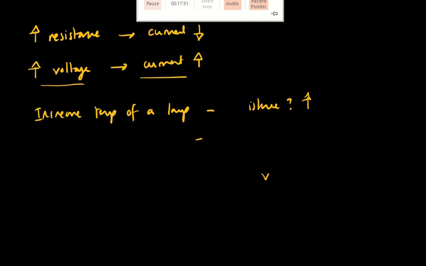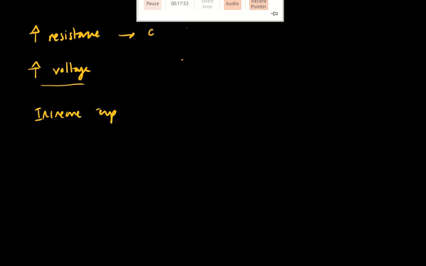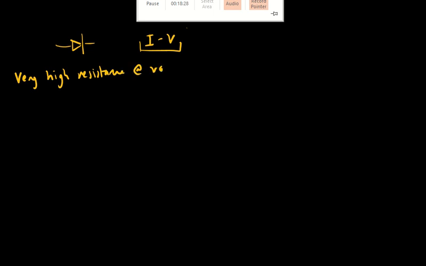Okay, finally, we have IV characteristics of what we call a semiconductor diode. Now, a semiconductor diode has this symbol here, and there's a couple of things about a semiconductor diode which alters the IV characteristics, and that is that a semiconductor diode has very high resistance at low voltages.